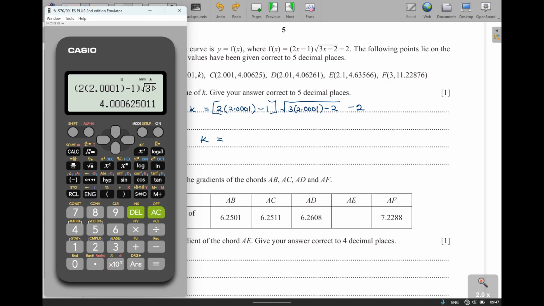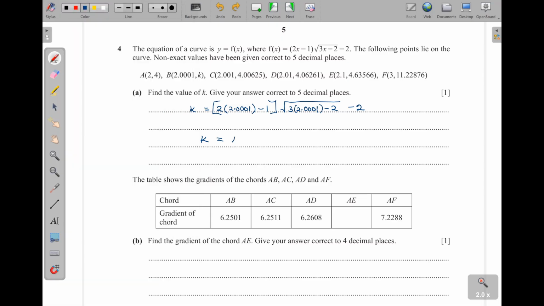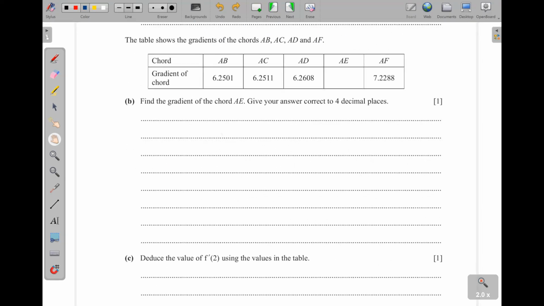So we get to 5 decimal places, this will be 4.00063. 4.00063, 5 decimal places. Now, if you put 6 to 5 like it was, you lose, because they have stated the degree of accuracy. You have to be very careful when you're rounding off.